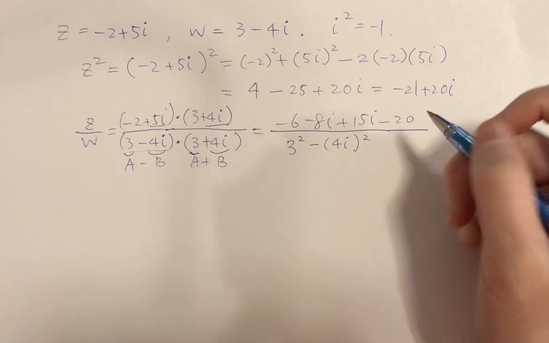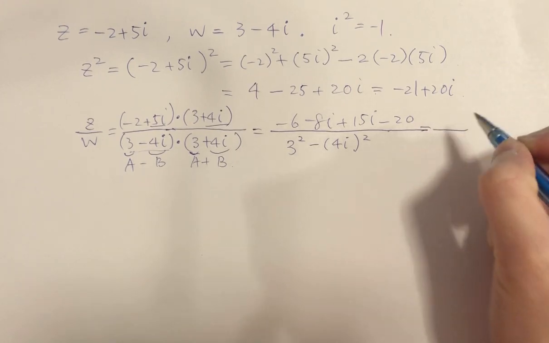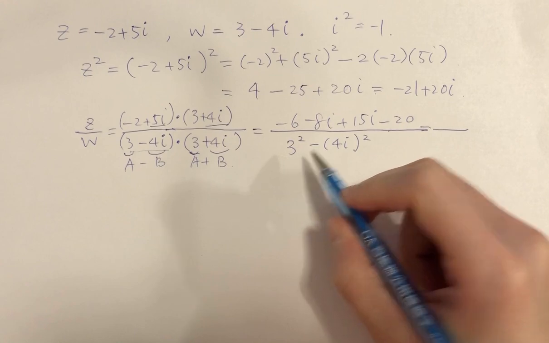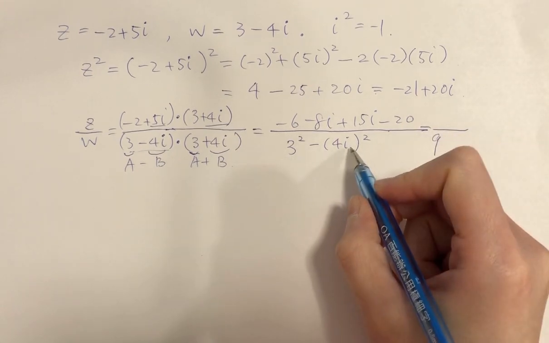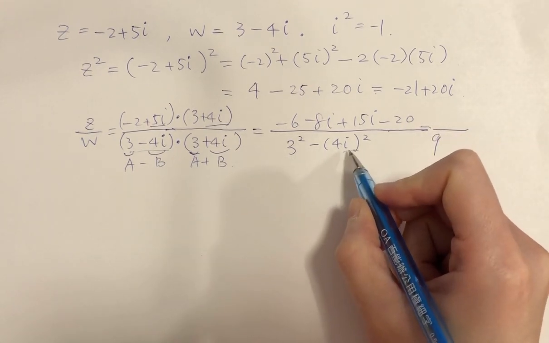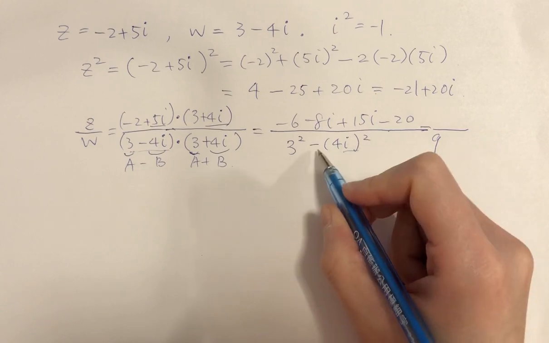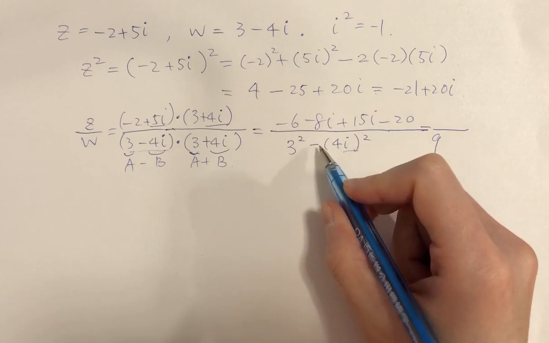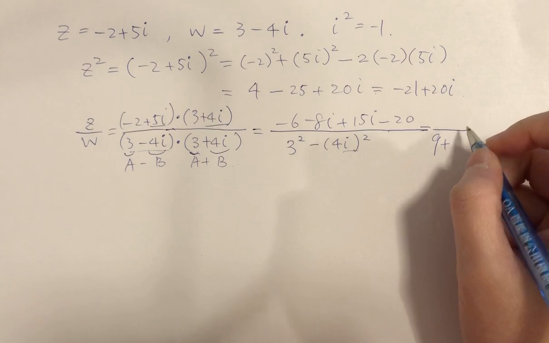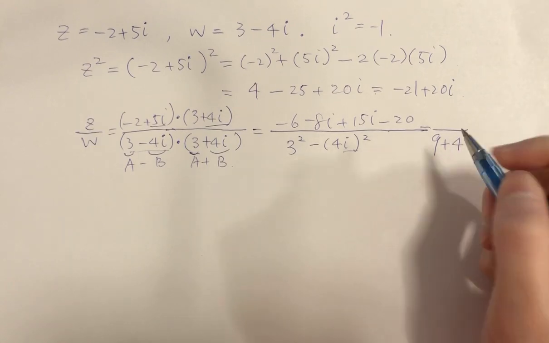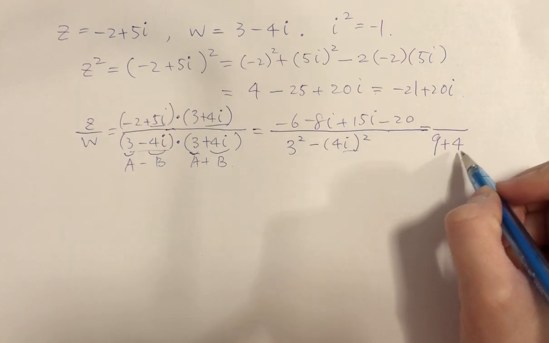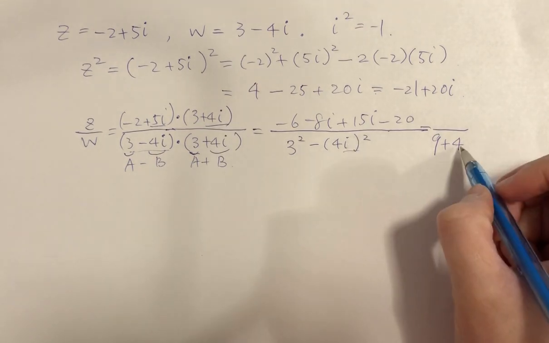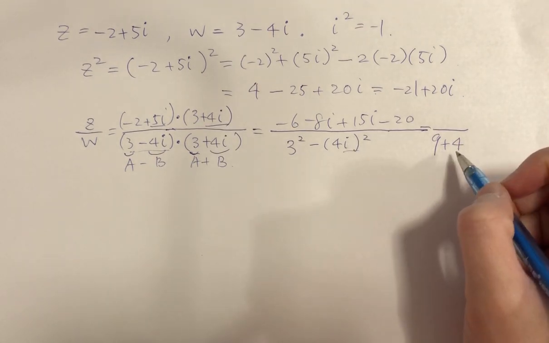Let's clean this up a little. The bottom will be 9, and again, be careful, i squared is -1. So with that negative, it will be positive 4. And you see the i will be gone, so you just have a constant in the denominator.